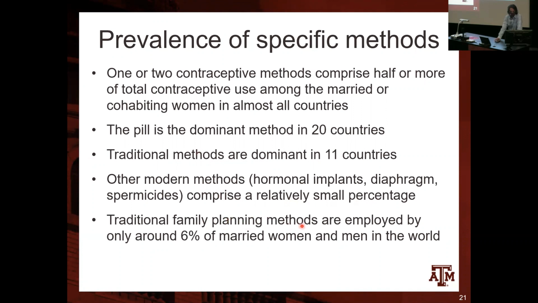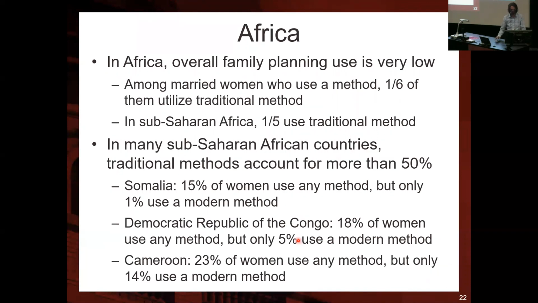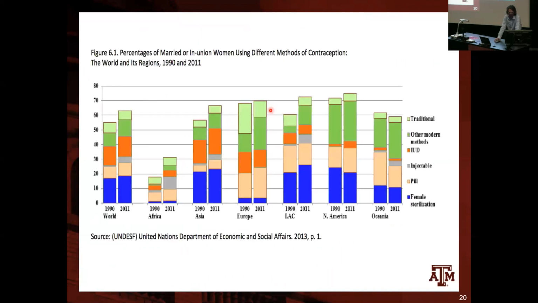Traditional family planning methods are employed by only around 6% of married women and men in the world. So it declined a lot from previous decades. As I showed in the previous graph, the overall percentage of family planning use is very low in Africa. Among married women who use a method, 1 in 6 of them utilize a traditional method. So this is bad, because traditional methods, as we talked about before, are less effective.